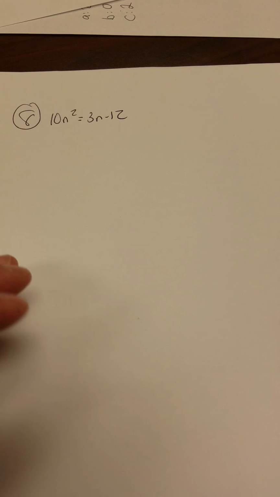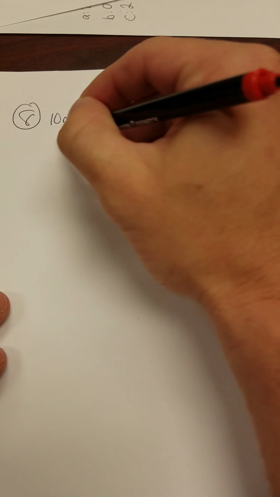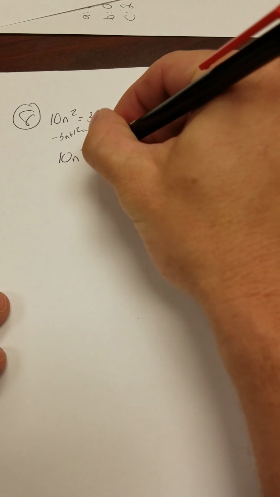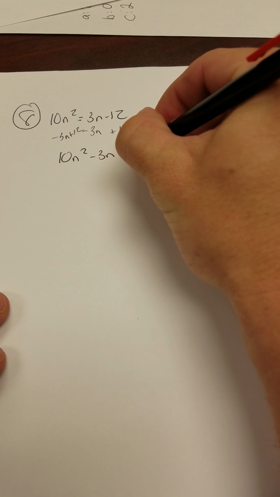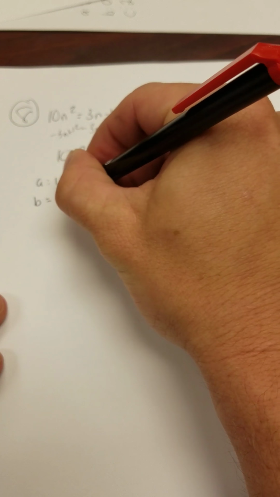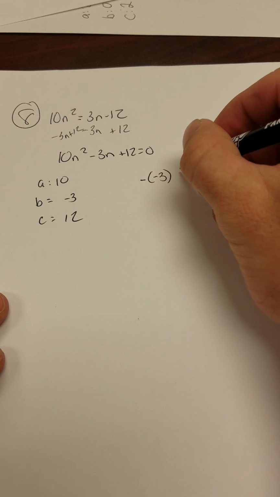The thing with number 8 is that we need to get it set equal to 0 first. So we need to subtract 3n and add 12 to each side. So we have 10n squared minus 3n plus 12 equals 0. So a equals 10, b equals negative 3, c is 12. Set up our problem, negative 3.